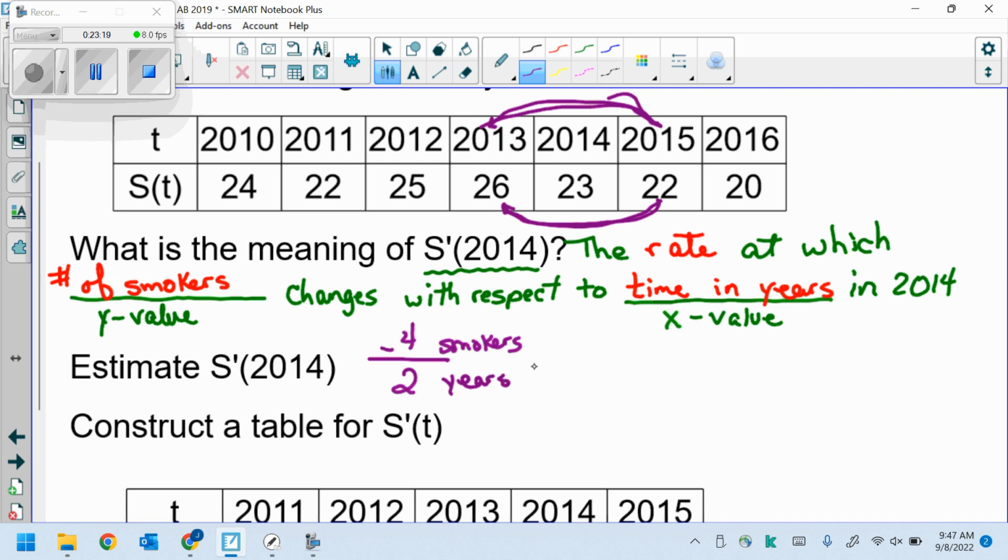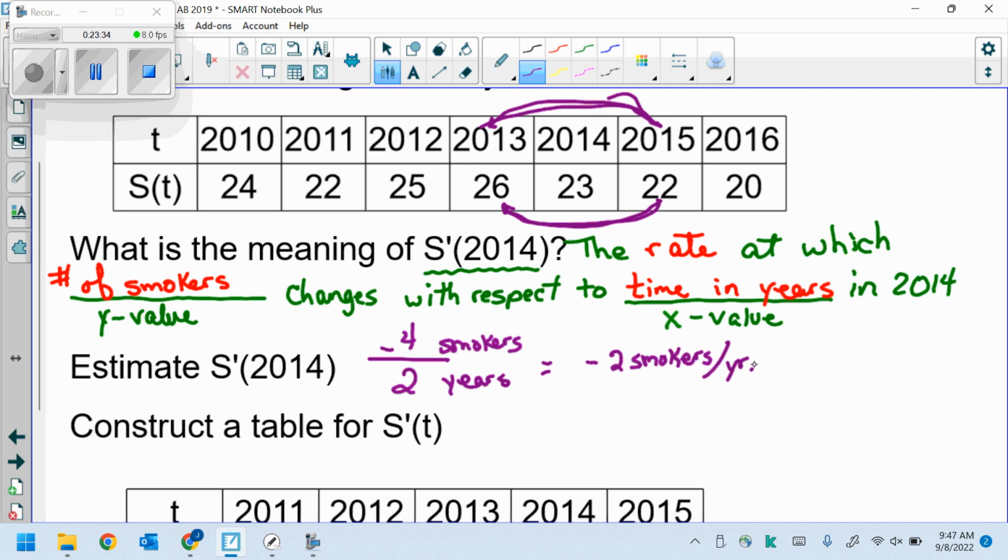If I simplify this fraction, I get negative 2 smokers per year. We're losing 2 smokers per year in 2014. That's our estimate.